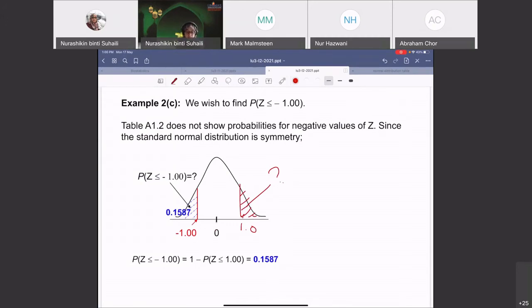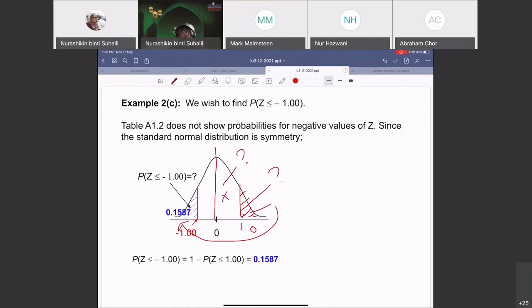In order to find this area, you have to find what this is first. And once you get this, let's say this is X, you subtract this from 0.5, and you get this area, and that will be the same as this one. Okay, any question on this?